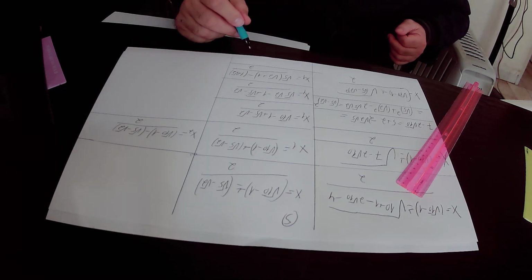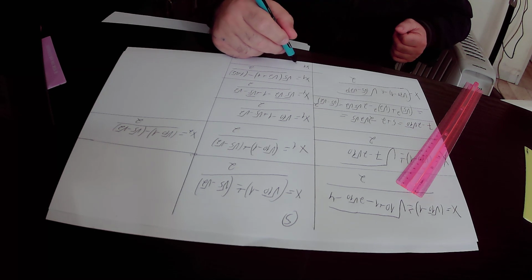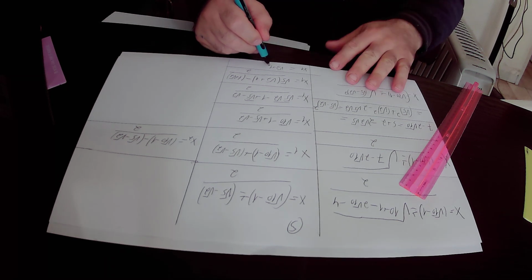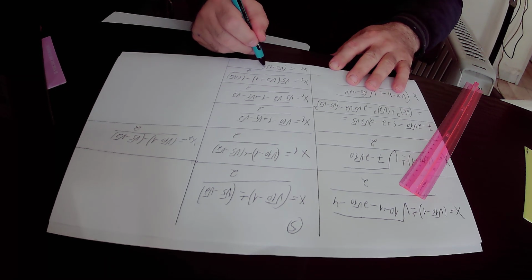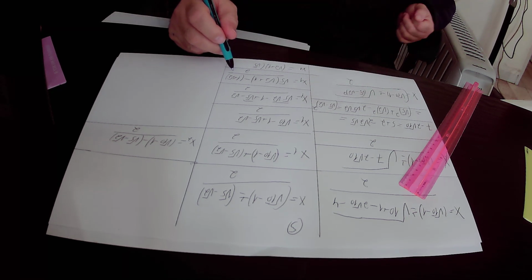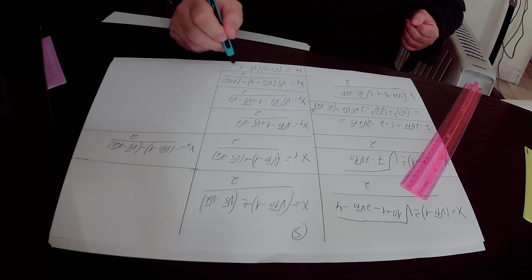Here we will take square root of 2 plus 1 as a common factor, and we will get that x1 equals square root of 2 plus 1 as a common factor, and inside the brackets we will have square root of 5 minus 1, all divided by 2.